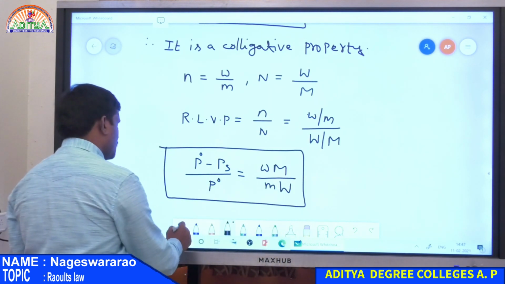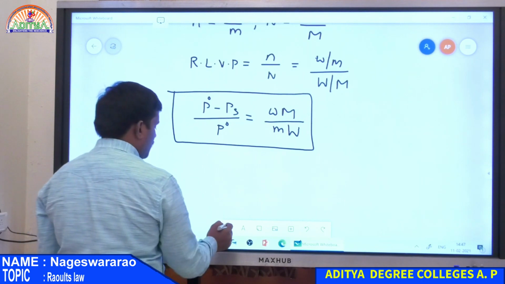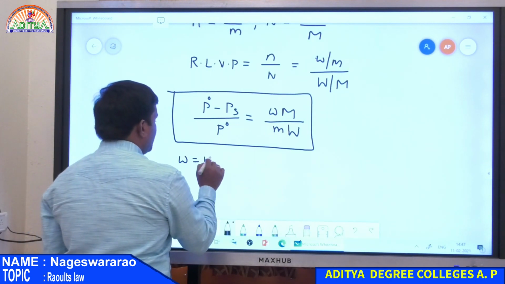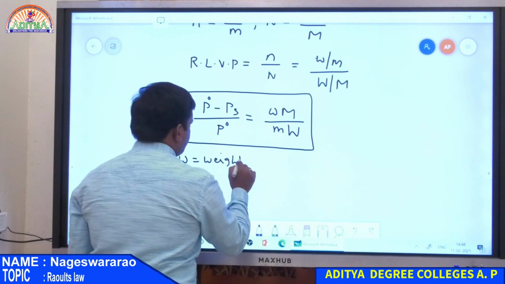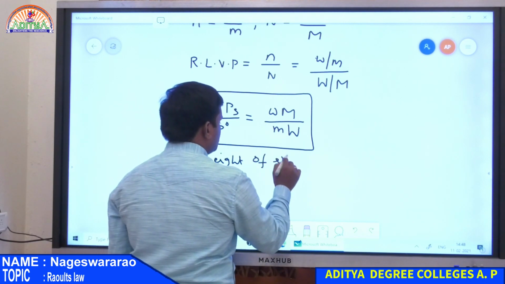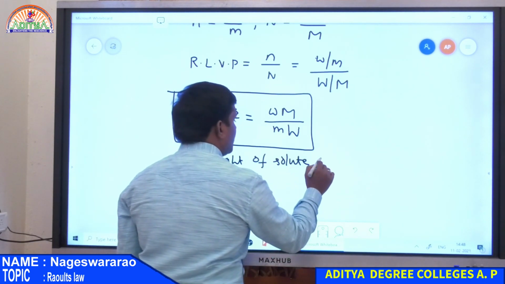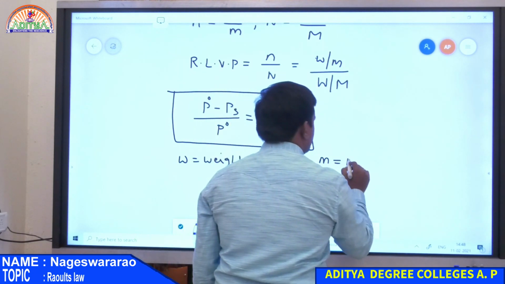where small w is the weight of the solute, and small m is the molecular weight of the solute.